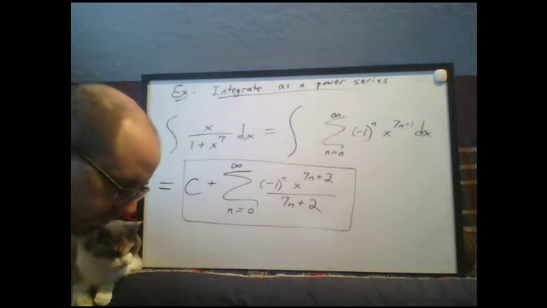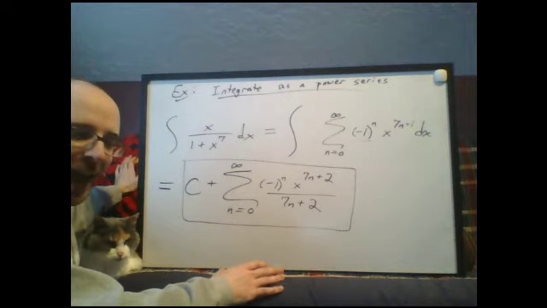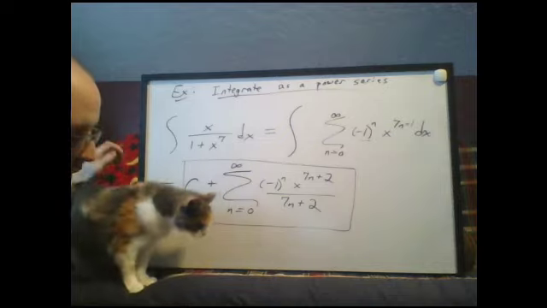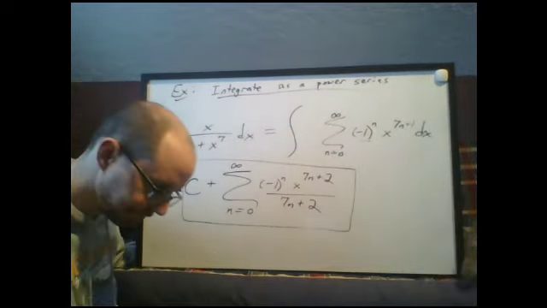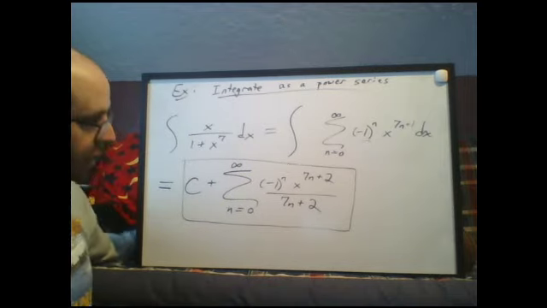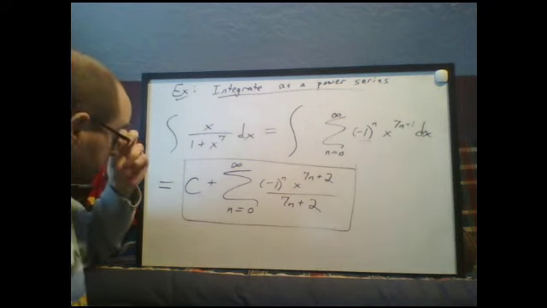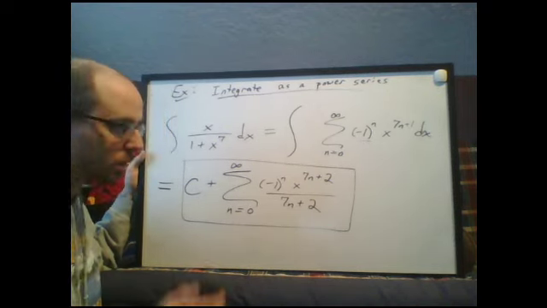But that's the trade-off. It's easier to integrate. The outcome is not as useful as the outcome from actually integrating it with our integration techniques. But that's all we can do in some cases. So in this case, we had other options, but that's not always true. So for example, let me do another one.